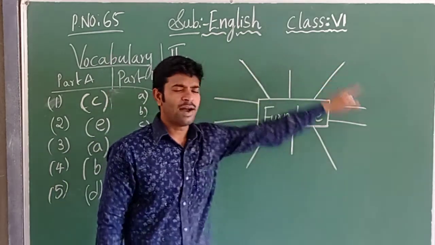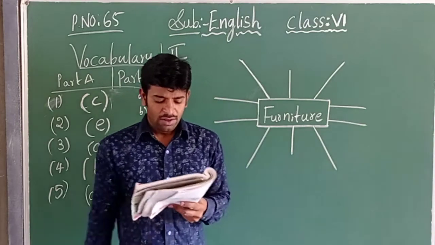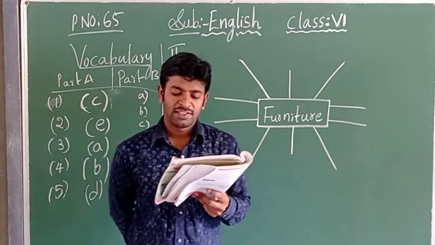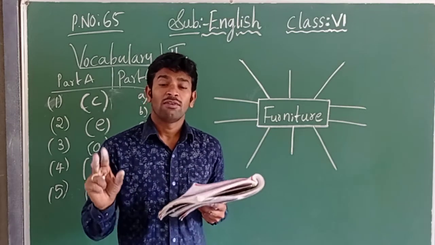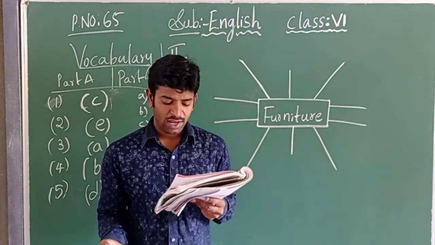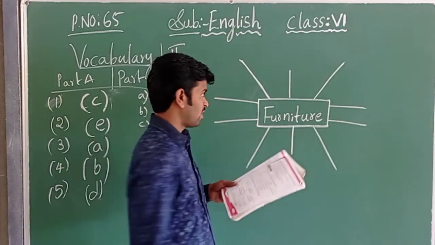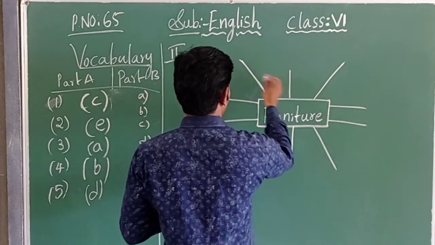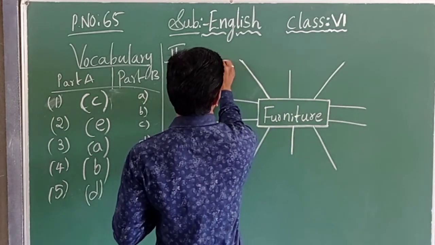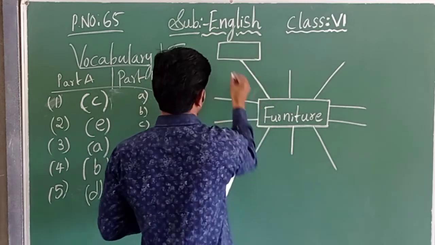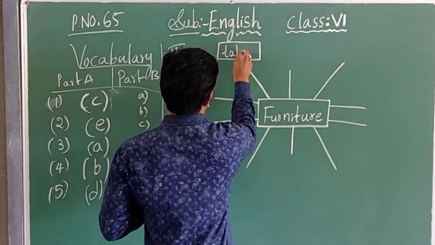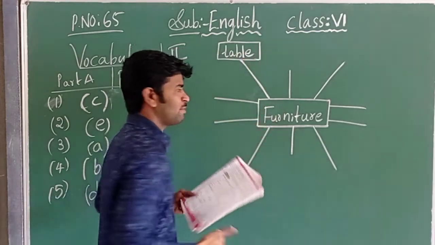So this is the mind mapping, children. Prepare a mind map related to the furniture and medicinal plants. Furniture, what I told, furniture means what is included. So the first one is given for us. Let us think that here he has given the table. Furniture means what?